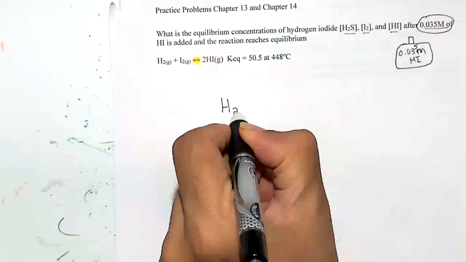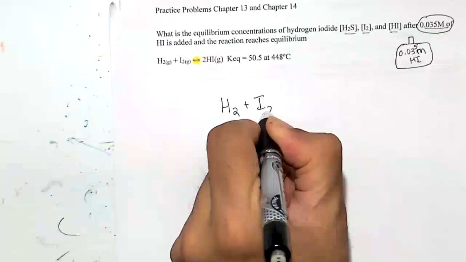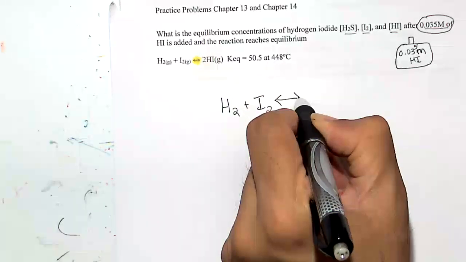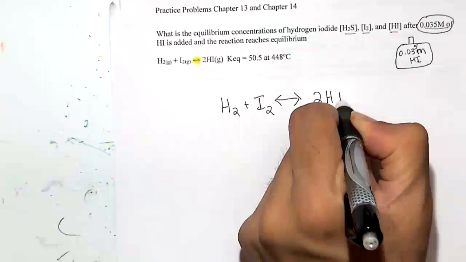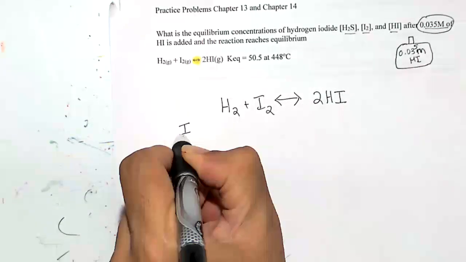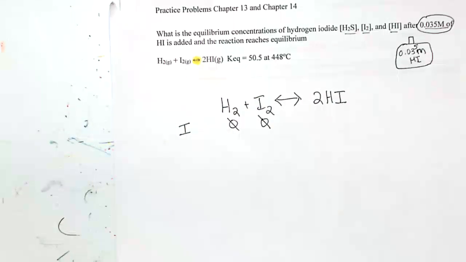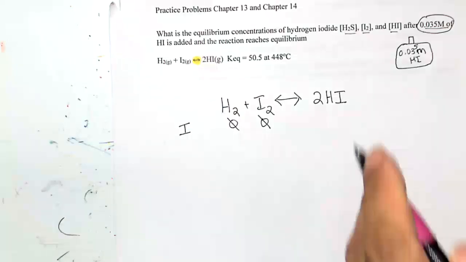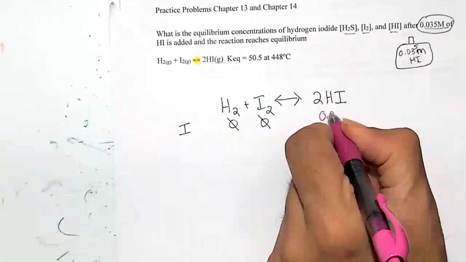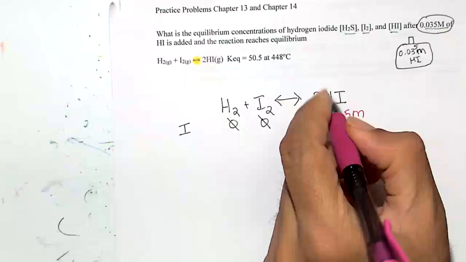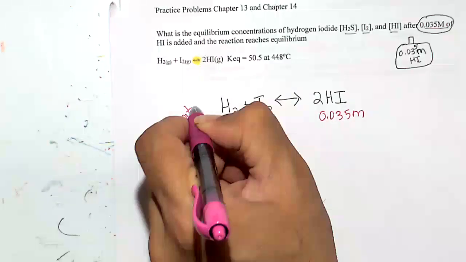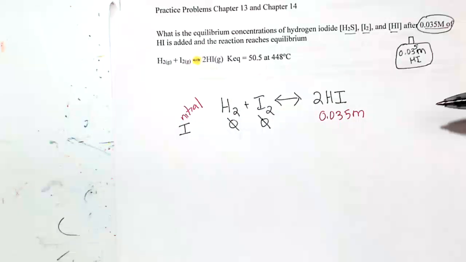So this is where we construct our ICE table. According to the problem, initially we have 0.035 molar of hydrogen iodide. The I in the ICE table stands for initial.